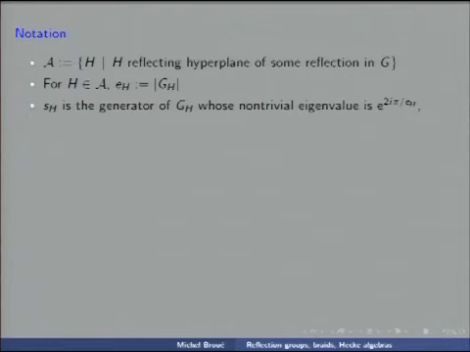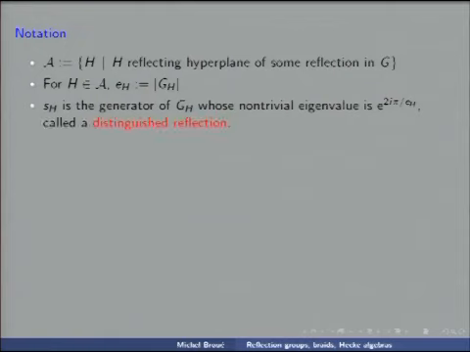And let me denote by s_H the generator of this cyclic group, whose non-trivial eigenvalue is, when you take care of the orientation in C, the first root of unity of order e_H. So it is a generator of that group, because that group, of course, has order e_H. So this is for the notation.